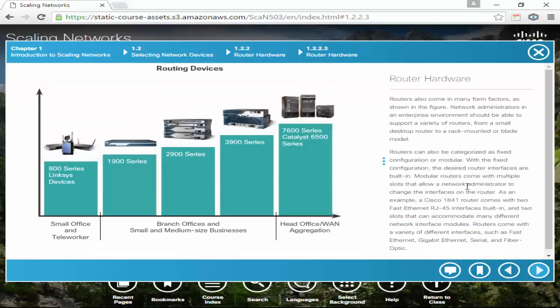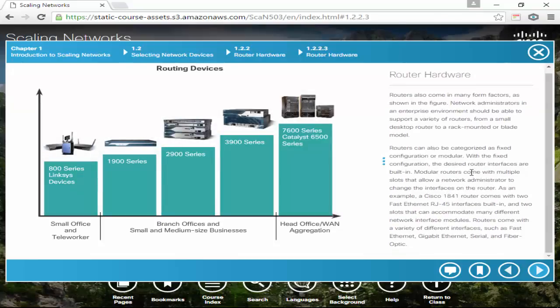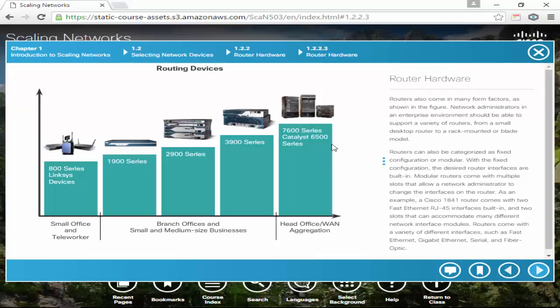Router hardware. Routers can also be categorized as fixed configuration or modular. With the fixed configuration, the desired router interfaces are built in. Modular routers come with multiple slots that allow a network administrator to change the interface on the router.